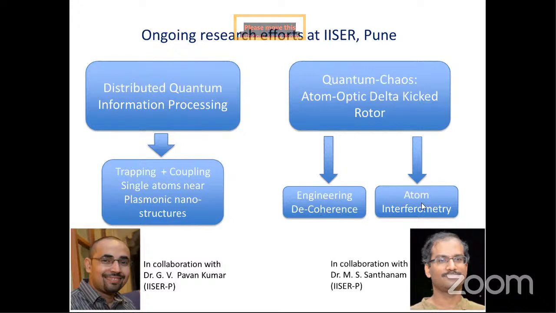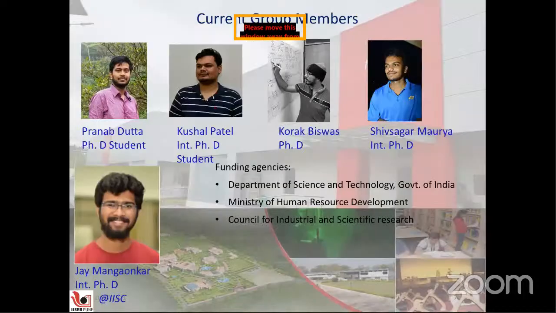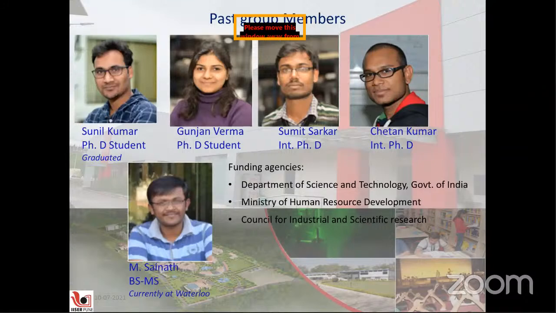We are also building atom interferometers using ultra cold atoms. And we have other experiments going on, engineering the short and long range interactions between atoms. Now, these are my current students, Pranab, Kushal, Korak, Shivsagar, and Jay, and my former students.